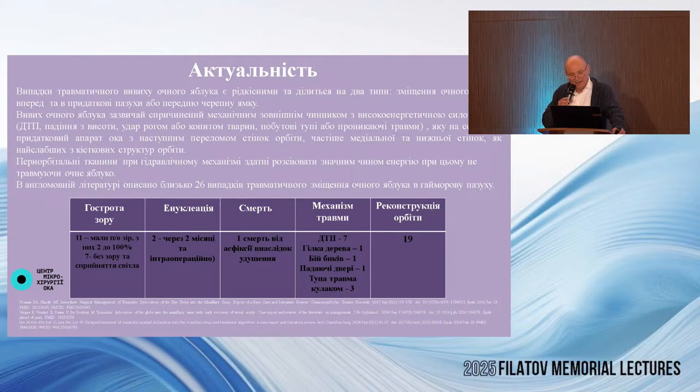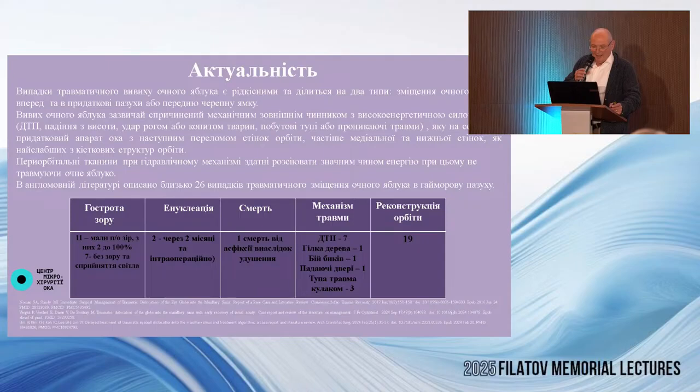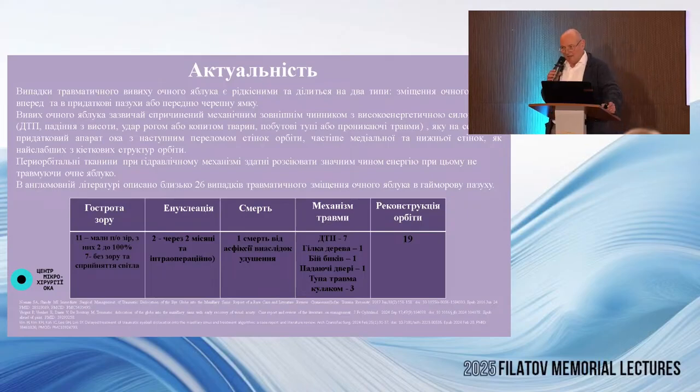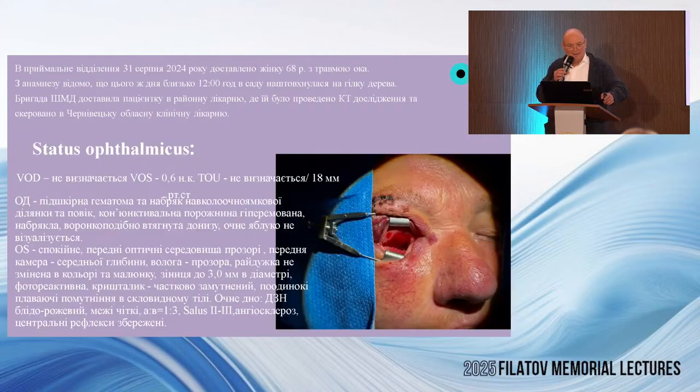As you can see, various cases are characterized by enucleation in most cases, and the mechanisms of trauma were different. Mostly were associated with accidents. Respectively, as a result, the reconstruction of the orbit has been performed in order to perform an organ-preserving operation.